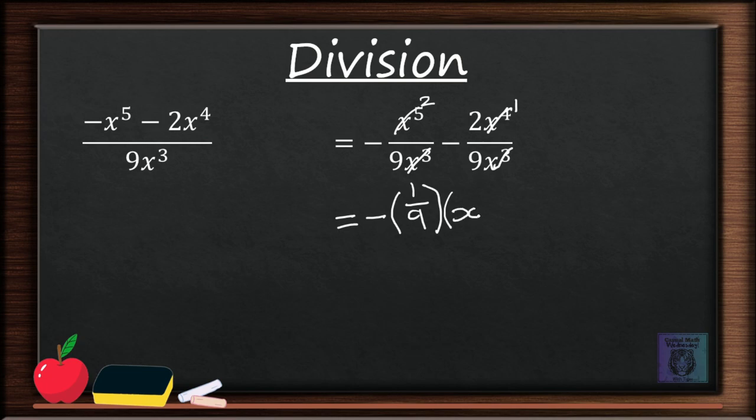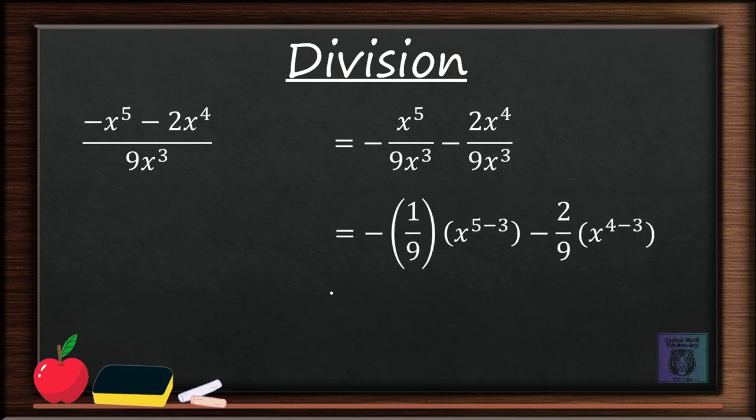So we'll have the x, the top one, that's a 5 minus 3, and then minus 2 over 9. So that is what we've split there, and then x, the top one, minus the bottom one. If we take it further, we can say 1 over 9, so that would be x to the power of 2 minus 2 over 9, that would be x to the power of 1, or just x.